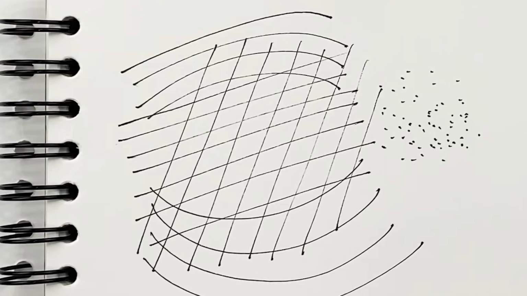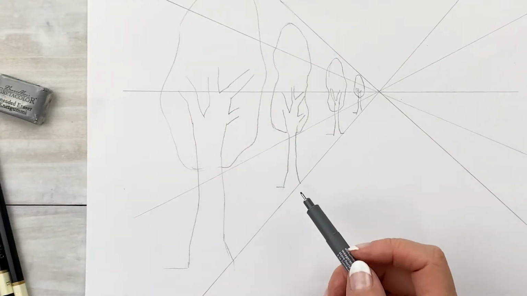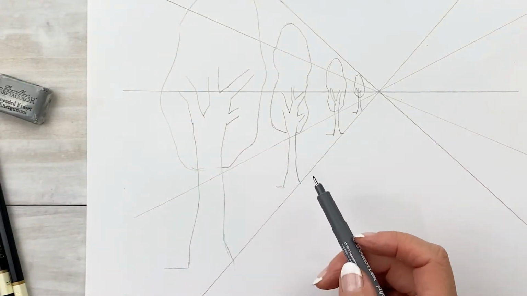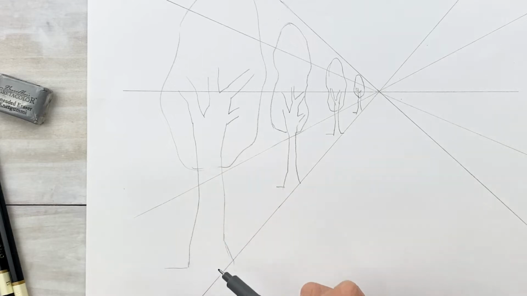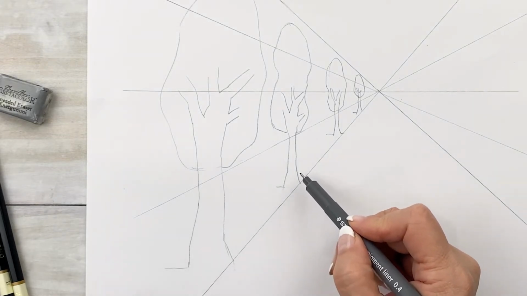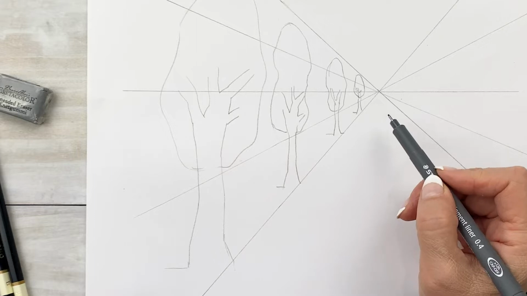Okay, let's move on to perspective. This is 1 point perspective. A tree is standing right in front of me. This in front of you will appear larger, and this in the distance will gradually become smaller.